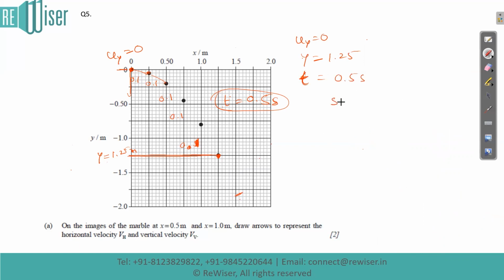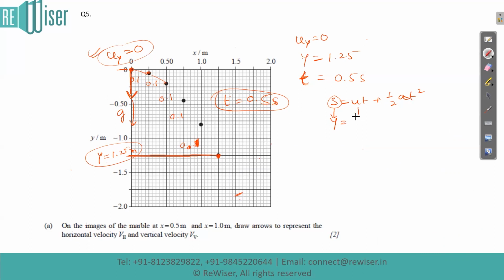Now use S is equal to ut plus half at square formula. So the acceleration acting downwards is g. Okay. And the displacement, which is s, displacement is y, right? I can write y instead of s. U we know 0. Initial velocity in y direction is 0.